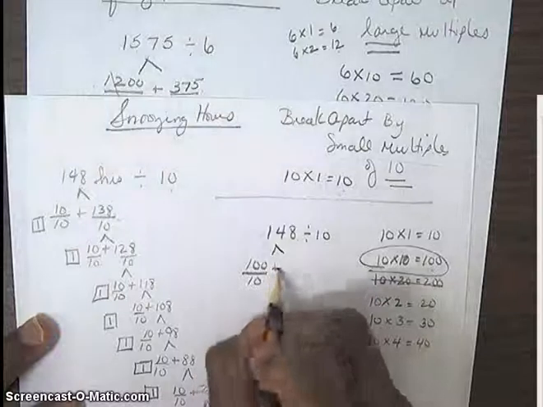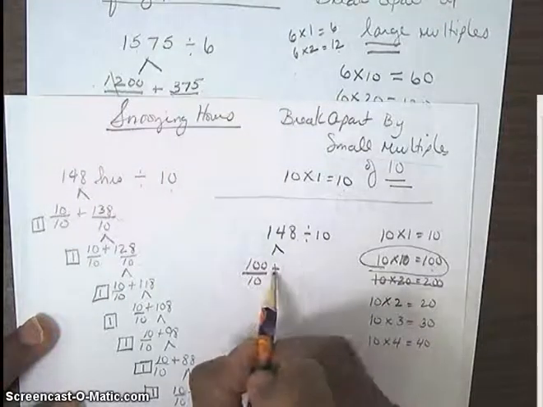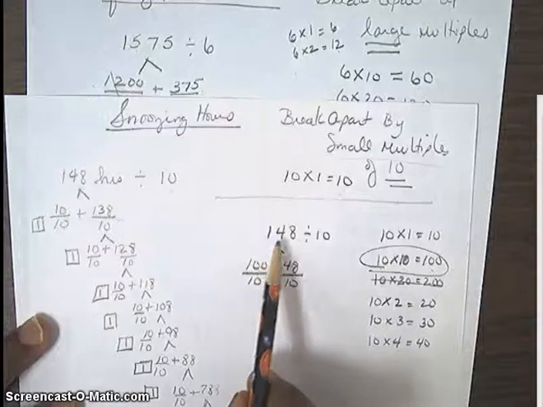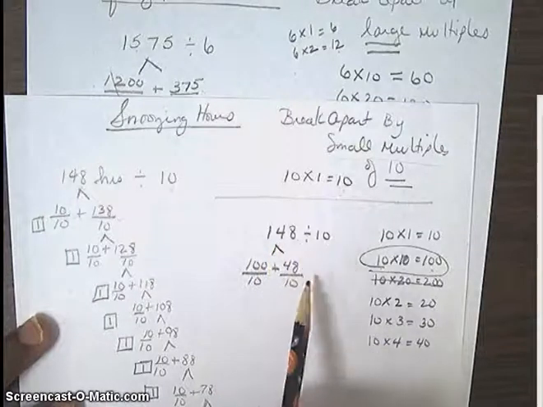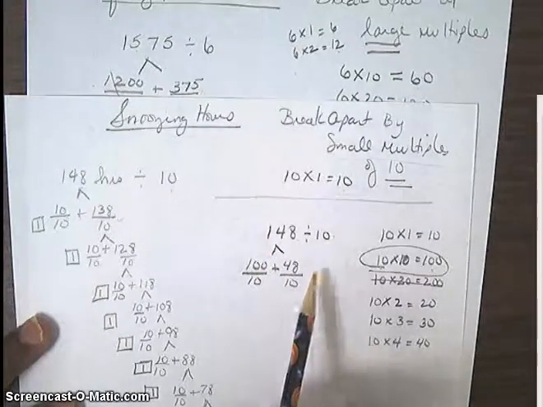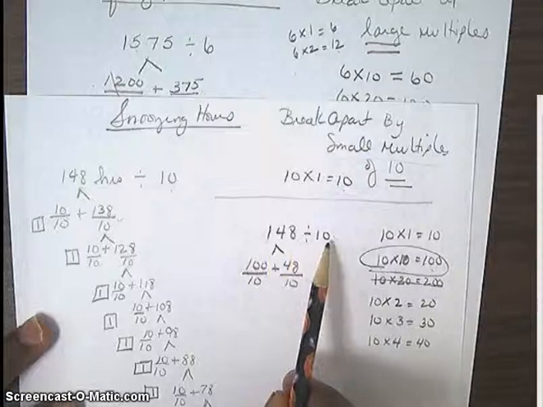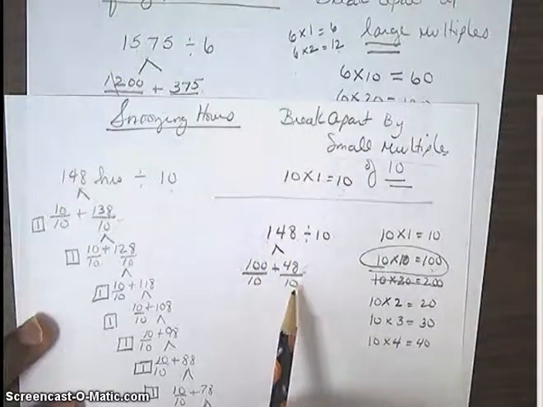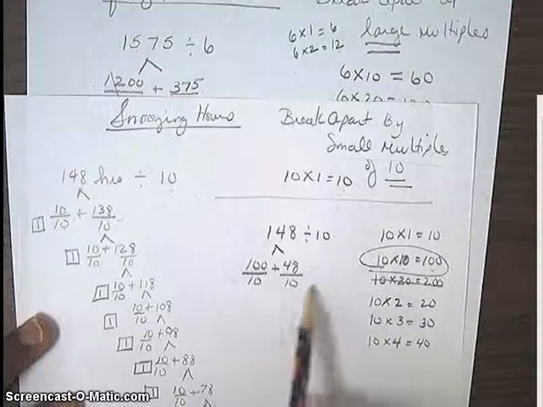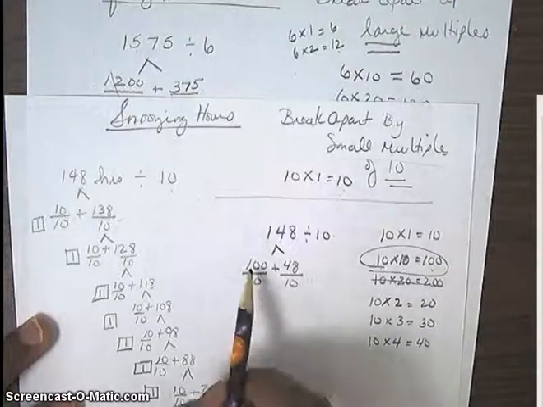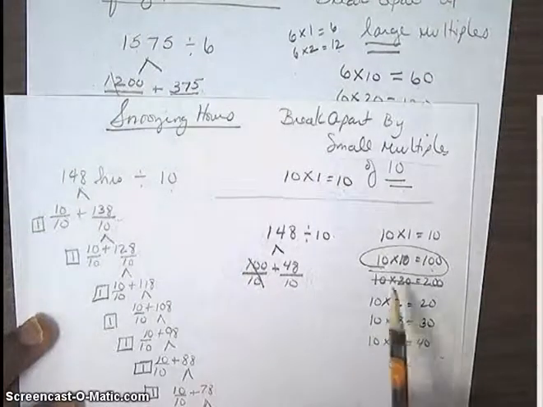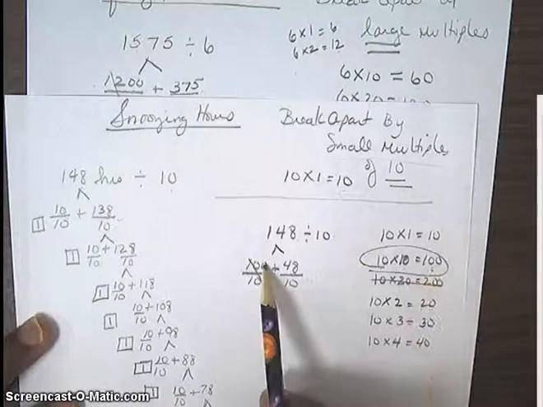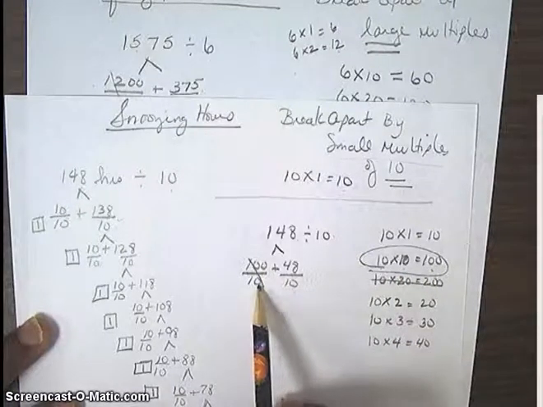And then what will I have remaining? 100 plus 48 divided by 10 will equal 148 divided by 10. Does everybody see how these are equivalent expressions? 148 divided by 10 is the same as saying 100 divided by 10 plus 48 divided by 10. And because 10 times 10 is equal to 100, 100 divided by 10 is equal to what?